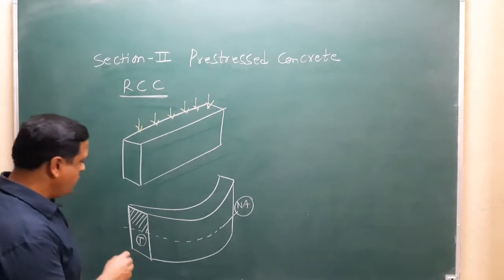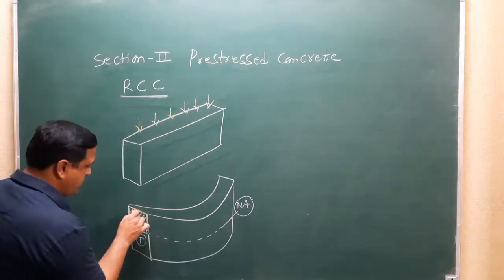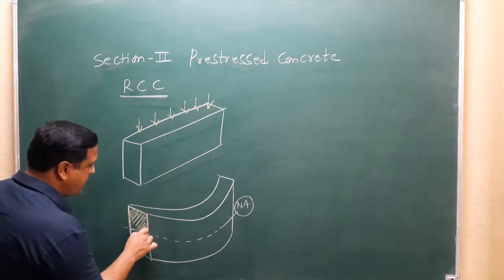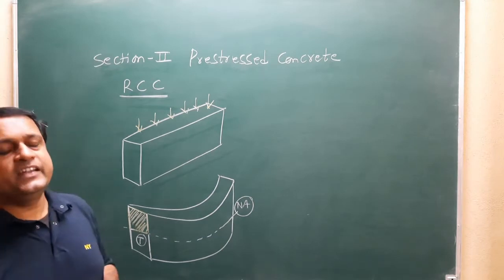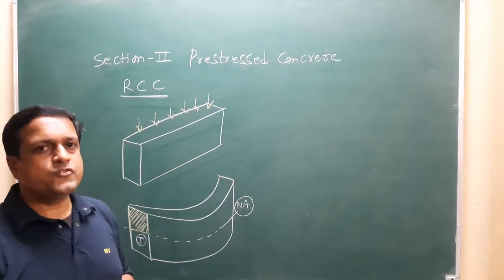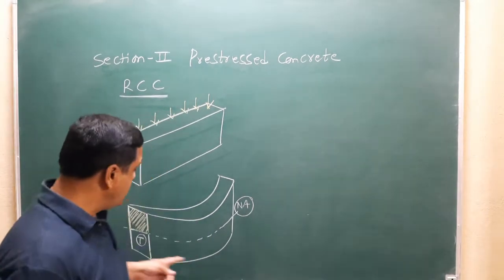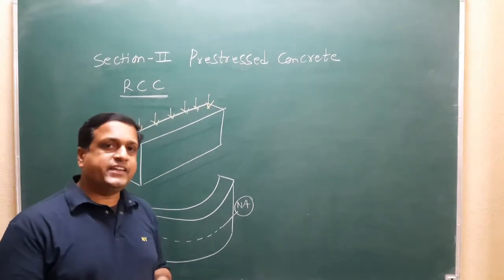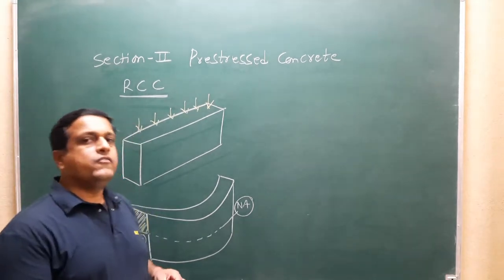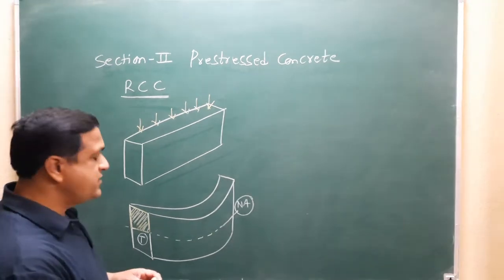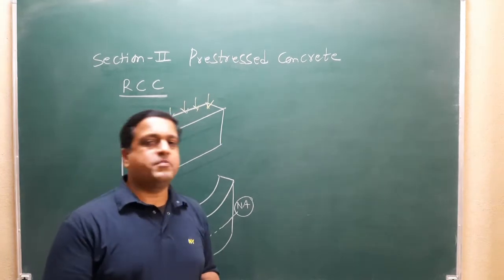So now this part is nothing but the concrete is in compression, and this part is nothing but the concrete is in tension. As per our assumption, the tensile strength of concrete is neglected and compression strength of concrete is considered. So we are considering the strength of concrete only in compression.